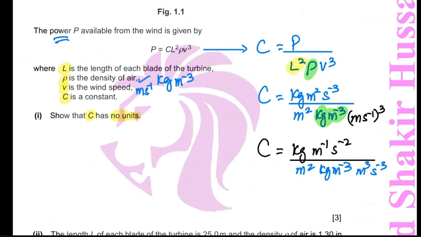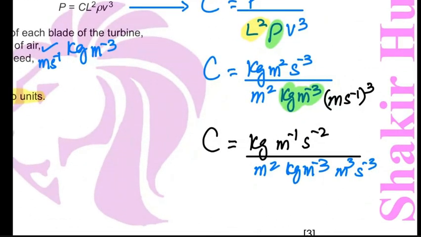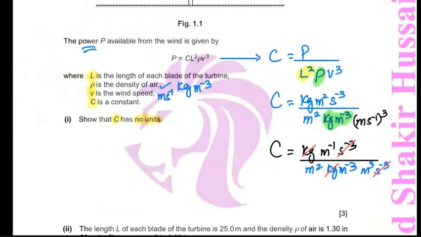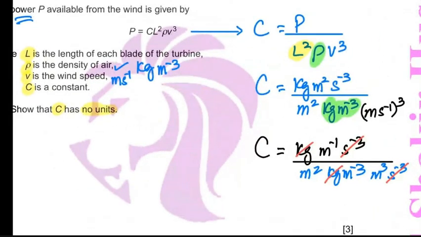So just simplifying it now, s^-3 goes with s^-3, kg cuts with kg, then m^3, there's one more m being left out, it's m^-3. m^-3 and m^2 give m^-1, plus m^3 gives m^0.